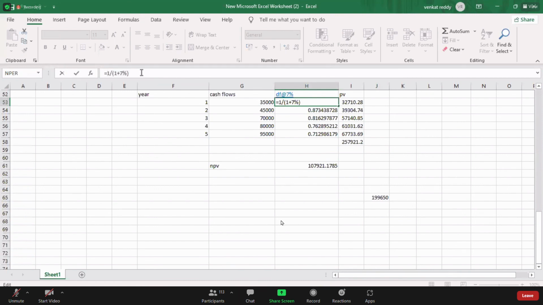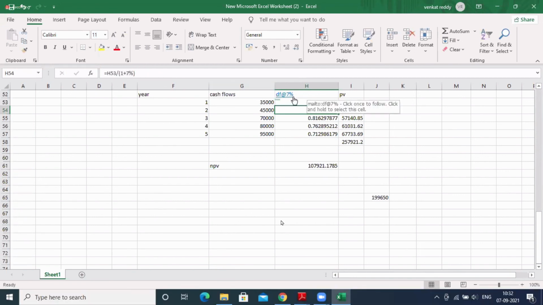For the second year, the same, 1 divided by (1 plus r) whole to the power of 2. Just remember the formula 1 divided by (1 plus r). But in the exam, as I mentioned, you can save your time by referring to the discount factor tables or the annuity tables.